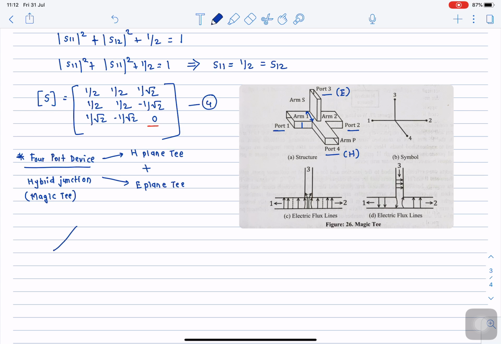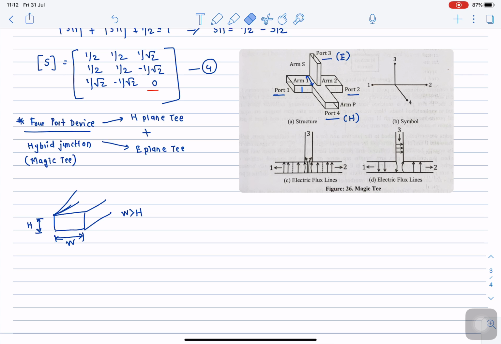So if you connect a port along the width, in this way, this will give the E-plane arm. And if you connect a port along the height, in this way, it will give the H-plane arm. So the E-plane arm is oriented vertically along the broader dimension, and the H-plane arm is oriented along the smaller dimension, that is along the height.